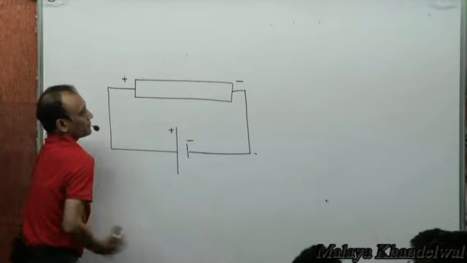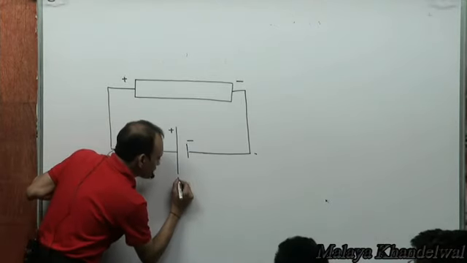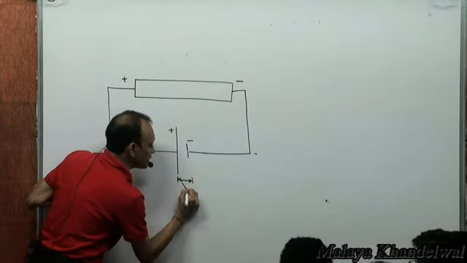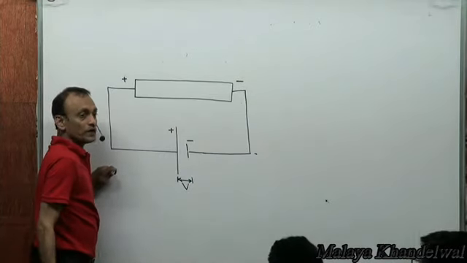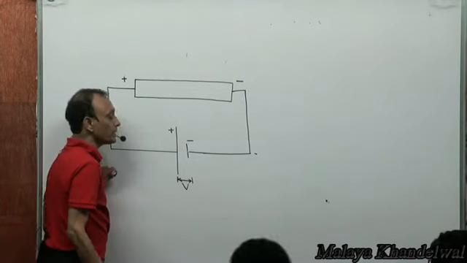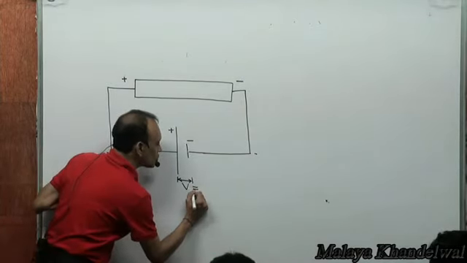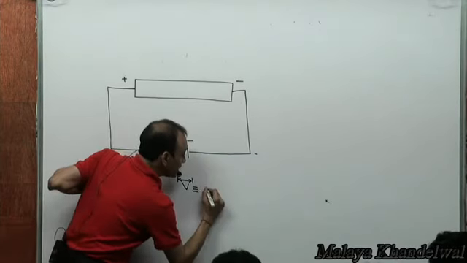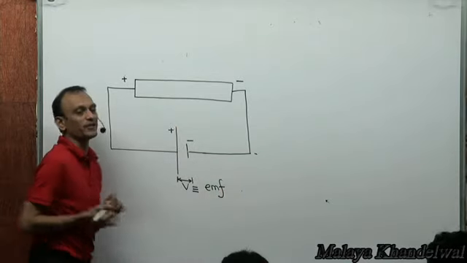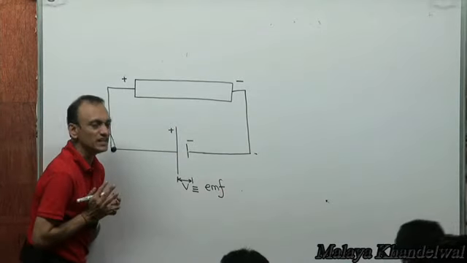There is a potential difference across the terminals of the battery, called V. This V is also called the EMF of the battery, electromotive force.